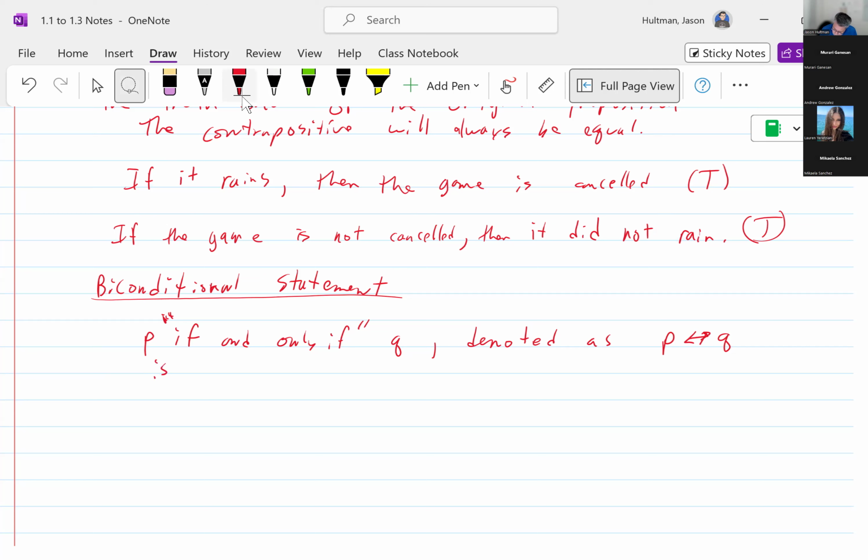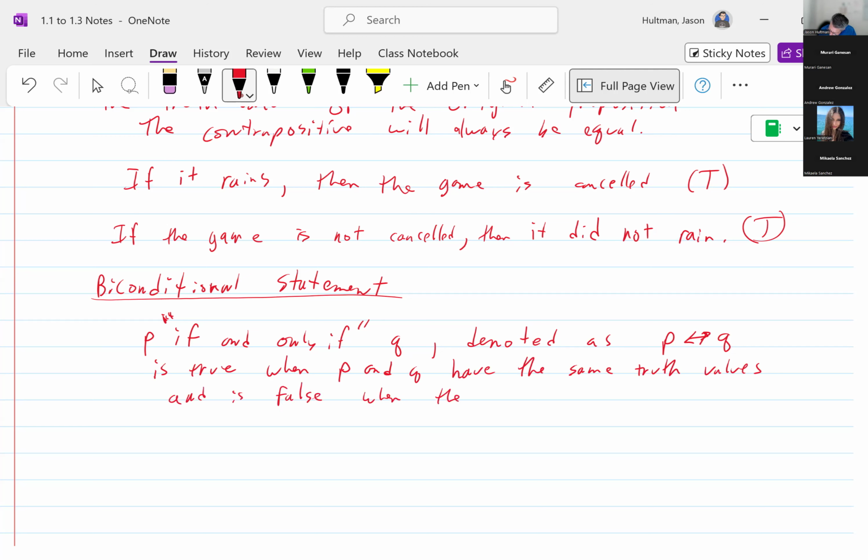It is true when P and Q have the same truth values, and is false when they do not.